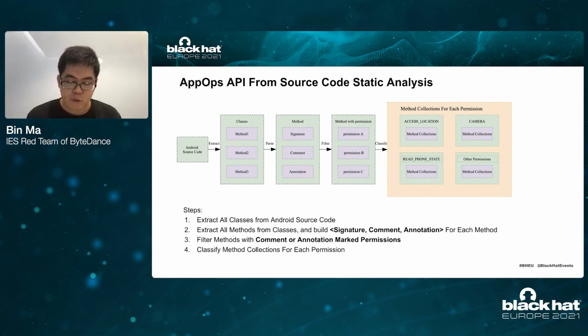First, we extract all the classes from the Android source code, extract all the methods, and then construct a triple of signature, comment, and annotation for each method. We find all the methods marked with permissions. Finally, we classify the permission as a key and the other method info as value.